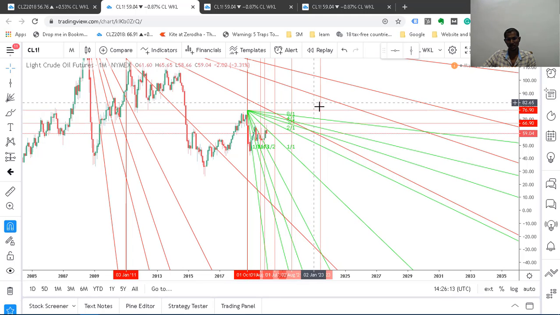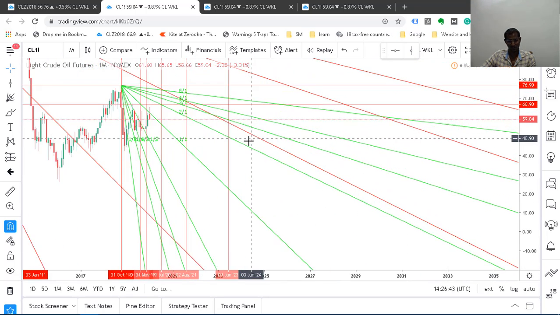These price levels prove to be eminent support and resistance levels compared to anything else. So in addition to the static support and resistance levels, these are very important and of greater significance. Therefore, just note down these levels: 59.04, 66.90, 76.90.